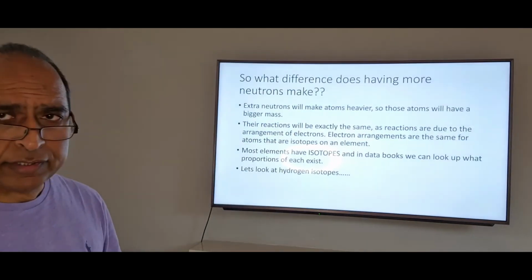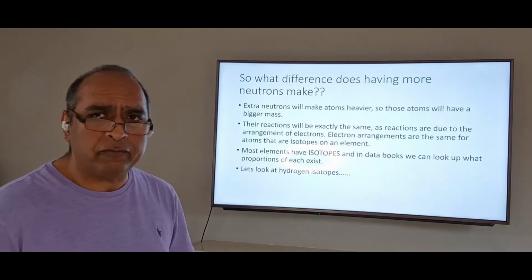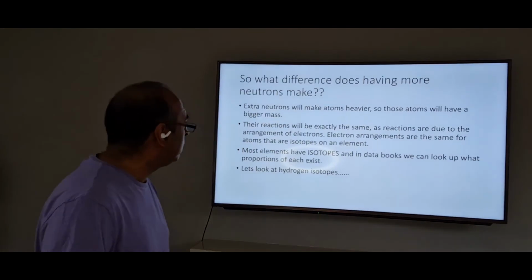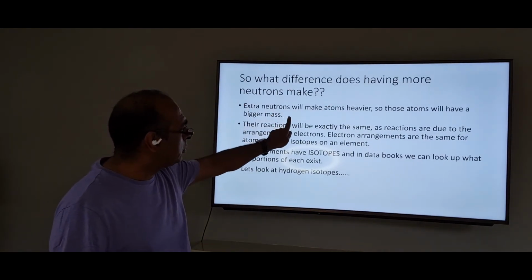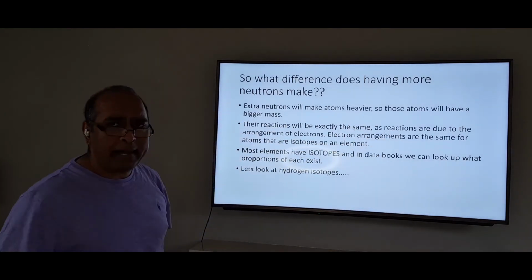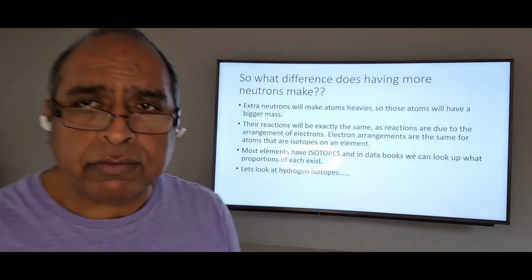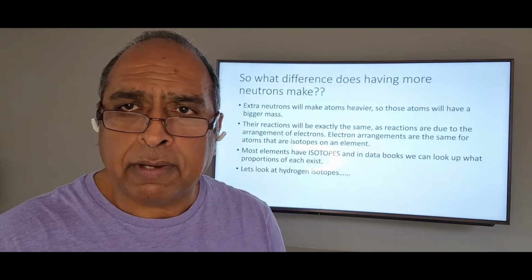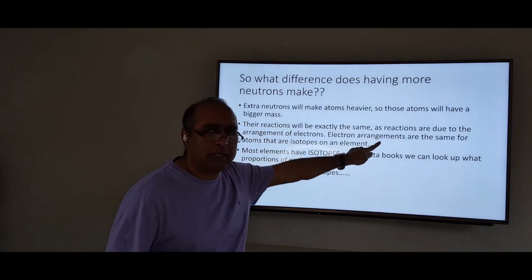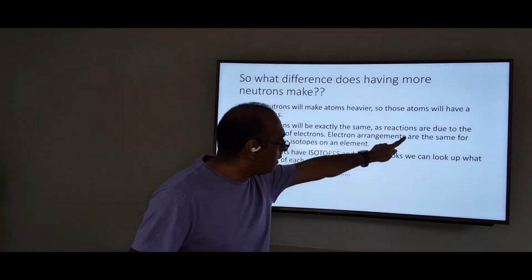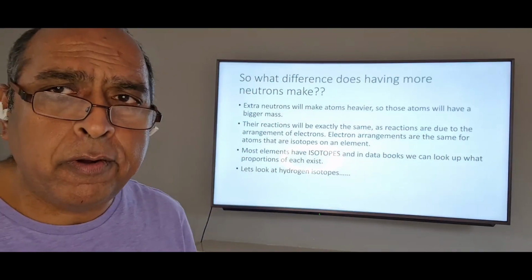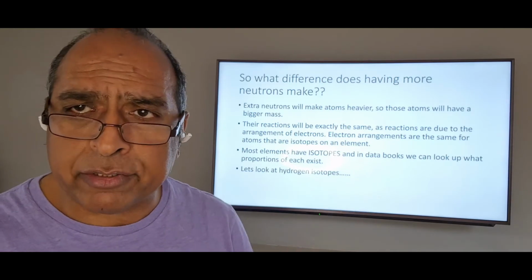So what difference does having different numbers of neutrons in these isotopes make? Well, extra neutrons will make atoms heavier, so those atoms will have a bigger mass. The reactions will be exactly the same, as reactions are due to the number of electrons, and the number of electrons is identical.